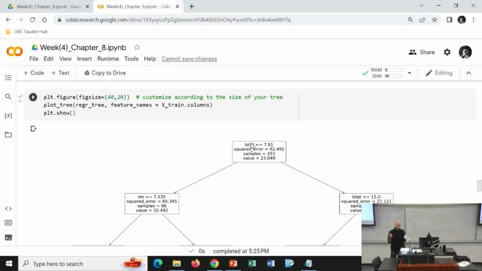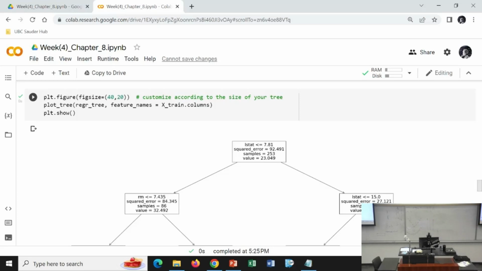If in a neighborhood the number of poor people is less than 7.8%, the price of houses is 32 something. If the number of poor people is more than 7.8%, the price of houses is 18,000 or 18 something.